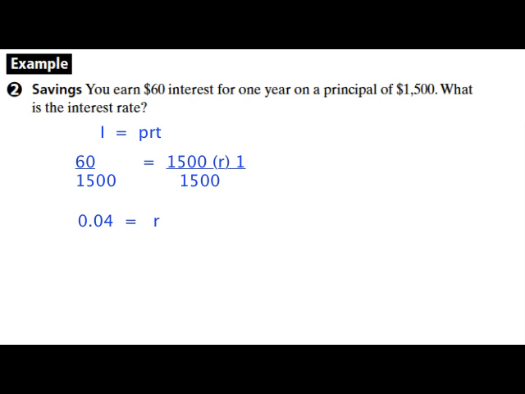The 1,500s on the right cancel each other out, so you're just left with R. So the rate is 0.04. That's written as a decimal. We change that into a percent of 4%. So the interest rate is 4%. Pause the video if you need more time to copy down this example.